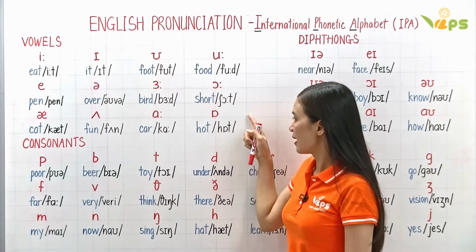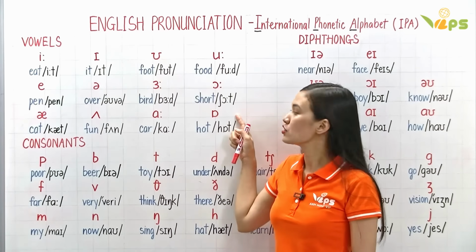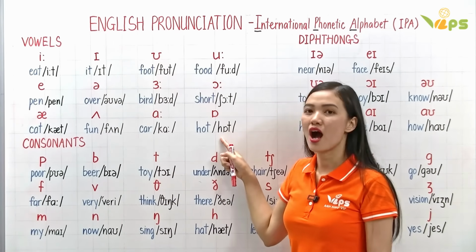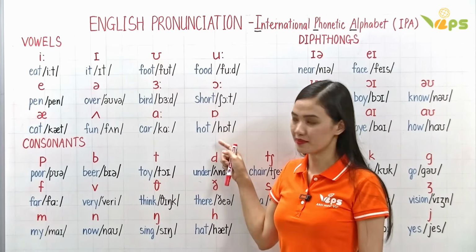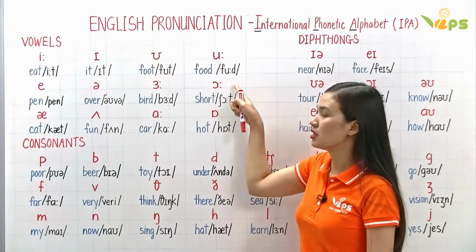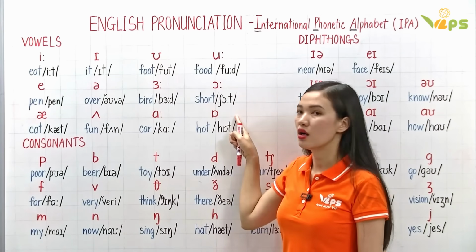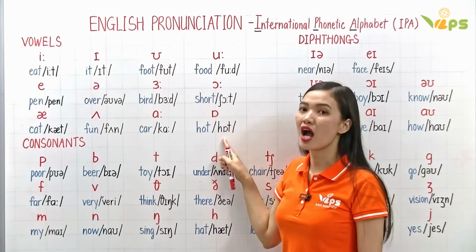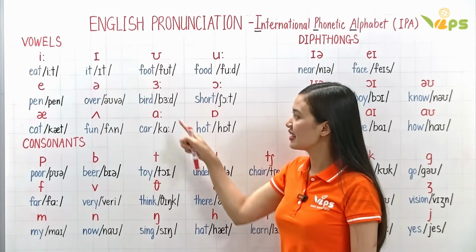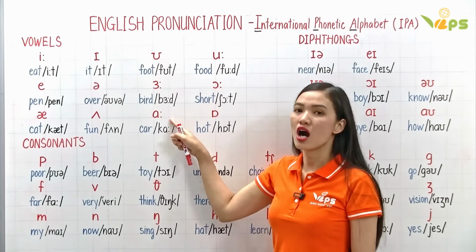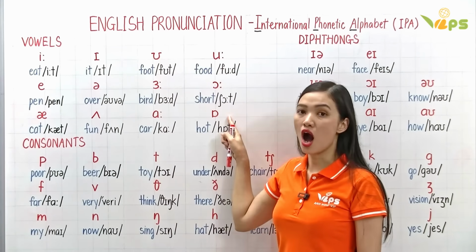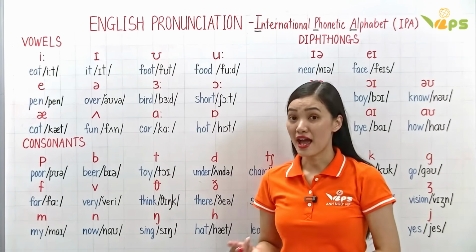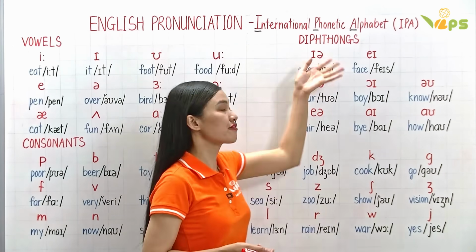And the last vowel sound, this is short R, hot. Now the difference, or, short, hot. Here, the difference. R, car, hot. Now, continue with diphthongs.